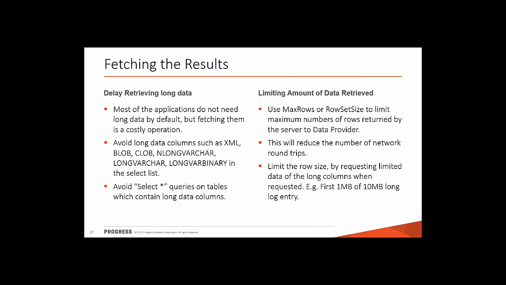It all depends on your business use case, but that definitely makes sense if you can pre-fetch some part of your long data, show it to the customer, and fetch the entire entry only if it's required.